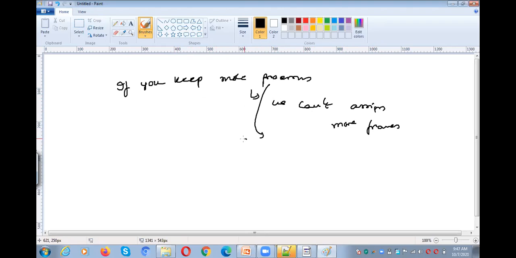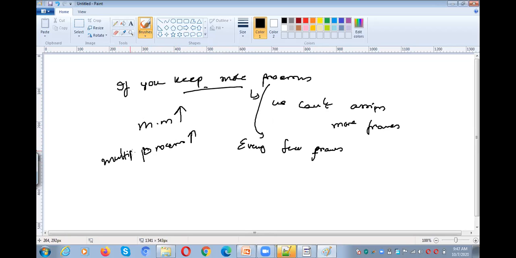Whenever you try to increase multi-programming, you need to keep multiple processes in the main memory, and automatically the number of frames for every process will be reduced.